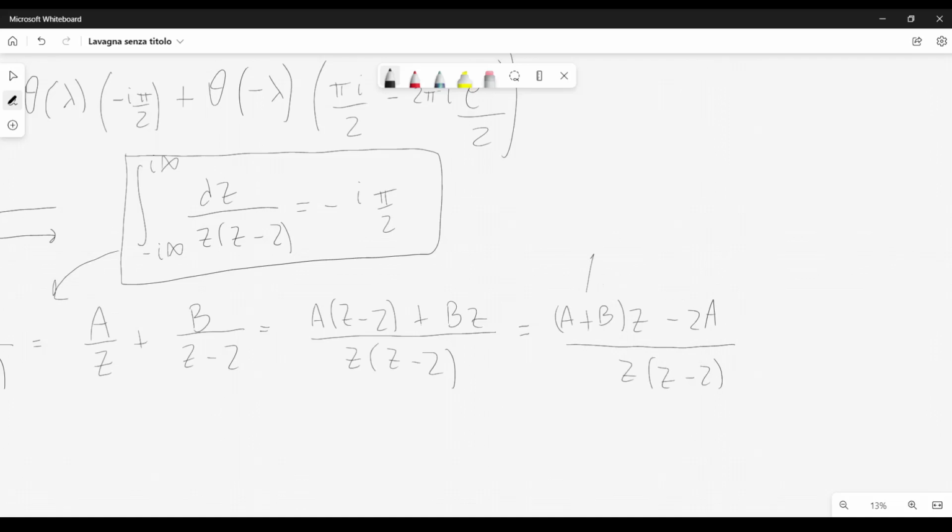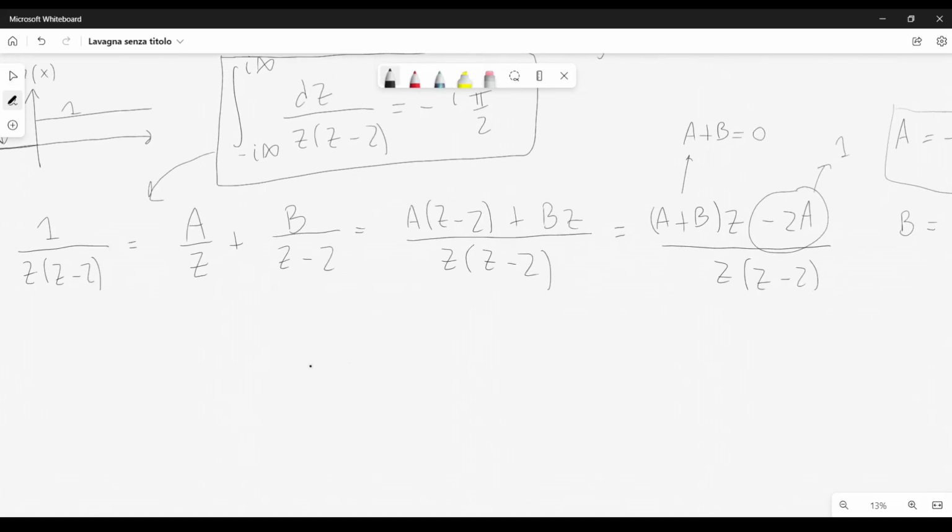From here, you see that a plus b should be equal to 0, because we have to get 1 in the numerator. So the term that multiplies z should be 0, whereas minus 2a should be 1. So we get a equal to minus 1 over 2, and b should be 1 over 2.